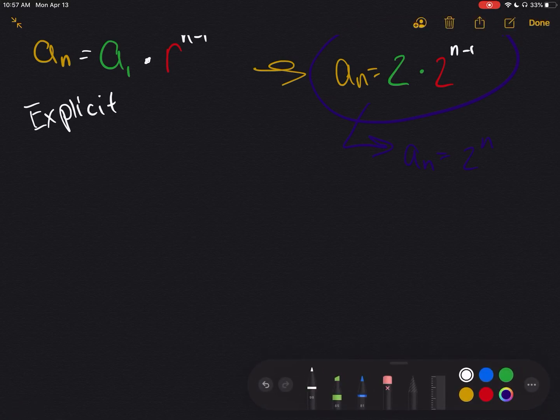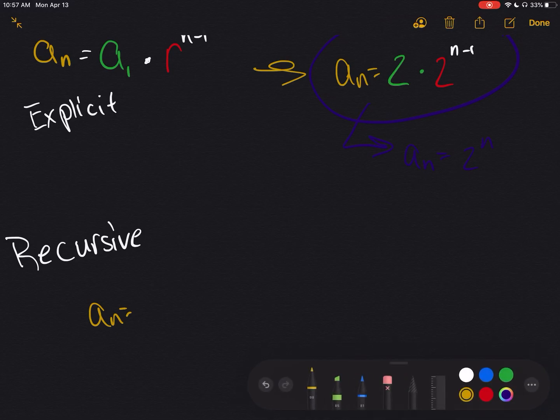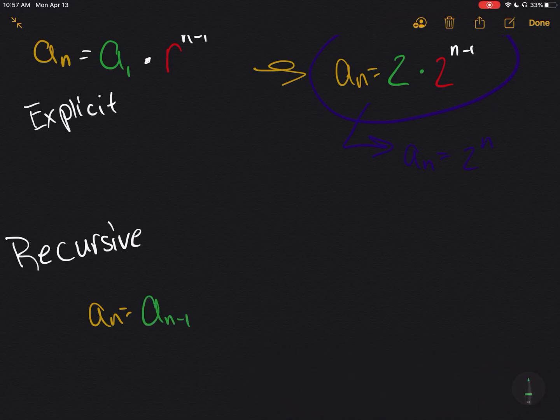Last one we want to talk about is recursive. Right, and so recall that recursive takes the previous value, increments it to get the next value. So to get an, you would take the term before it, an minus 1, and instead of adding, because this time we're multiplying every time, then we multiply by the common ratio.